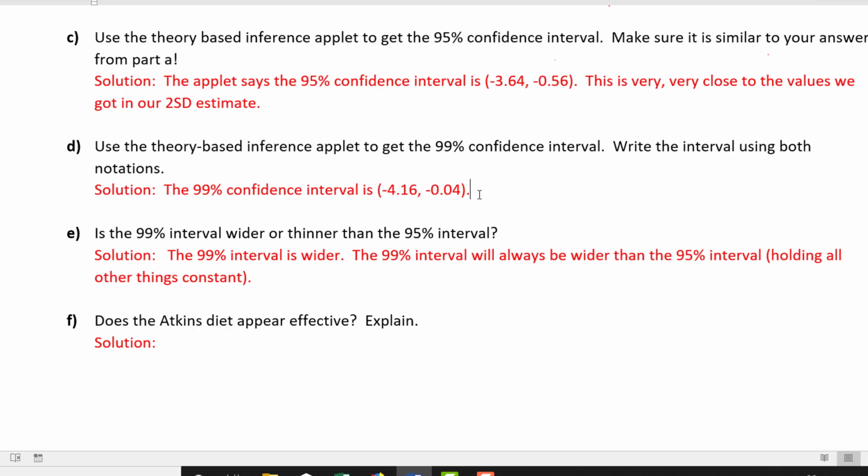However, if you are on a diet for a full year and you only on average lose somewhere between half a pound and 3.6 pounds, or you only lose 0.04 pounds to 4.16 pounds on average, that to me does not seem like a very effective diet. After a whole year, I would hope to lose much more than 4 pounds.